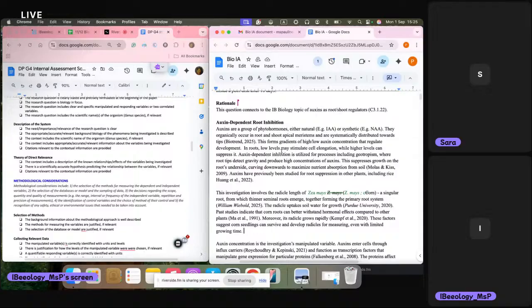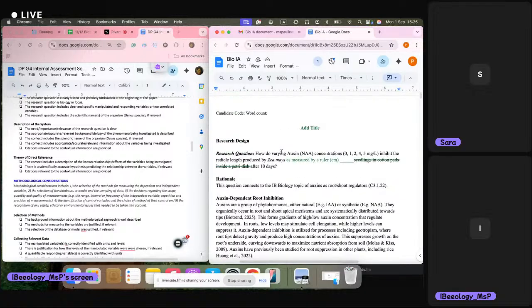Well, yeah. So again, you want to establish the relevance of your research and give us appropriate background of your manipulated and responding variables, so auxin and growth, and of course justify that the method you are going to use is relevant to the study. So for example, this is exaggerated.